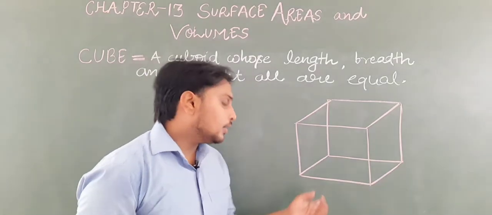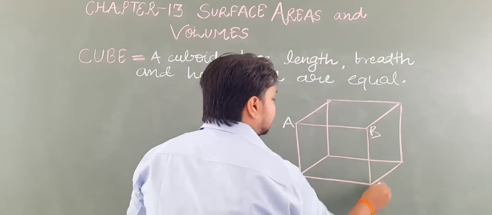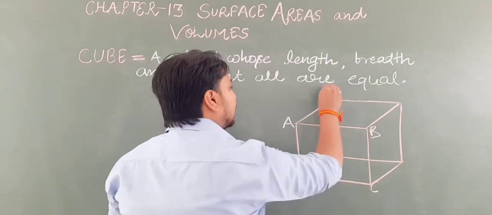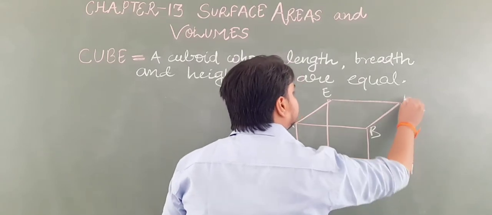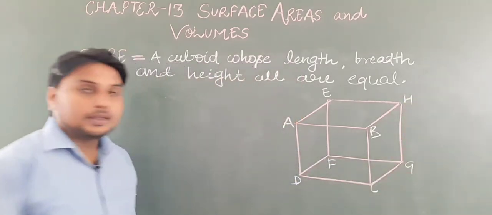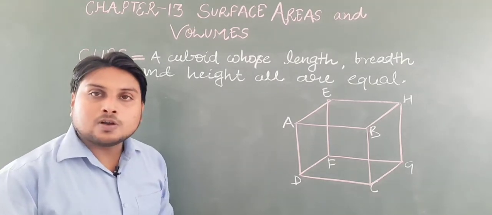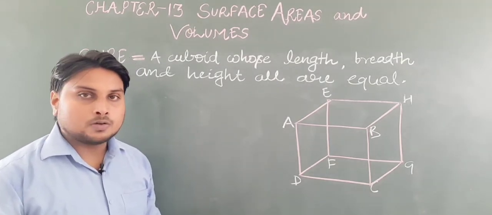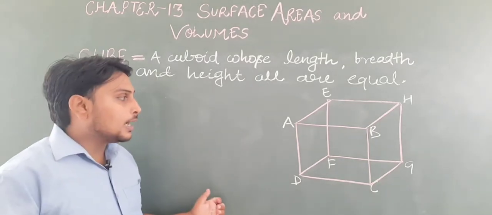So if we name this A, B, C, D, and E, F, G, H, then all the surfaces will be of the form square. So we'll see the formula according to that.